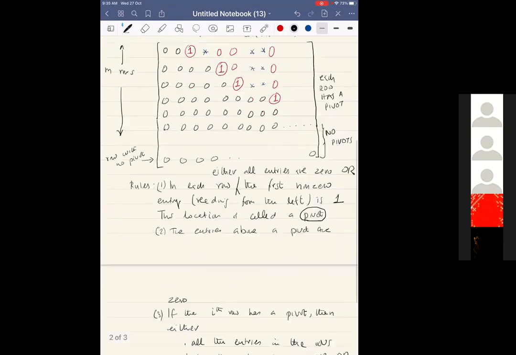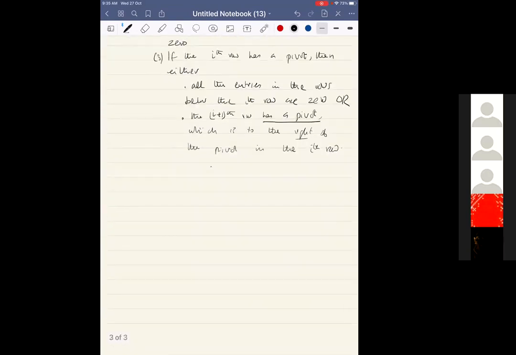Okay. So we will practice with small examples how to get matrices in row echelon form. Any reasonable mathematical software will let you do this.